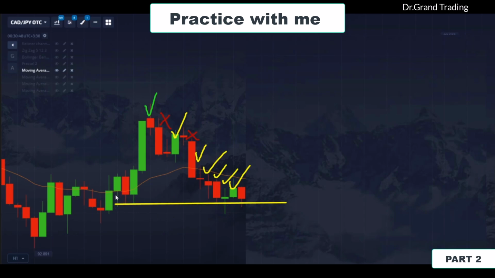We have a seller's entry on this level. Okay, and it closed right on this level, and previously we closed on this level and buyers entered. Okay, but now again we can trust buyers, because this is a strong level, and it reversed the market for 2 candles. If you look back, we had a level that reversed the market for 1 candle, and then it kept dropping.